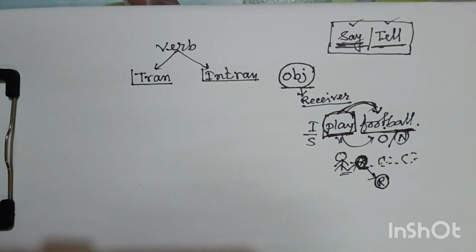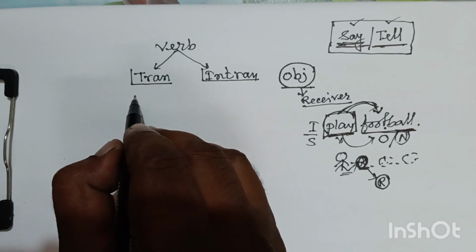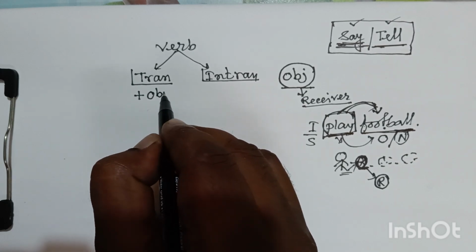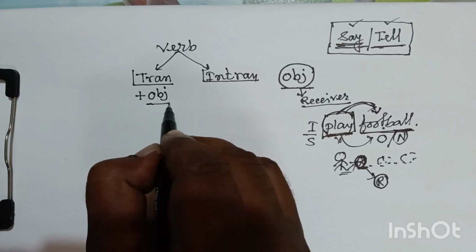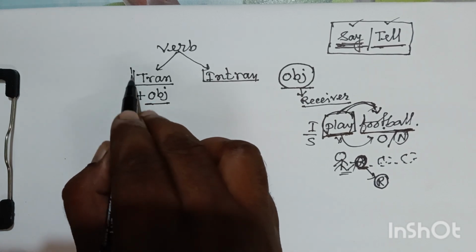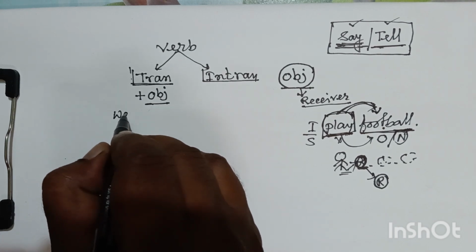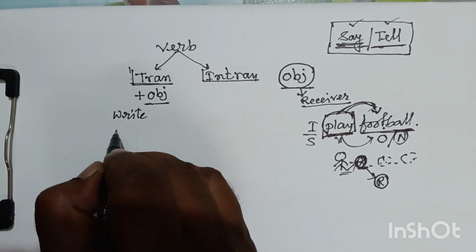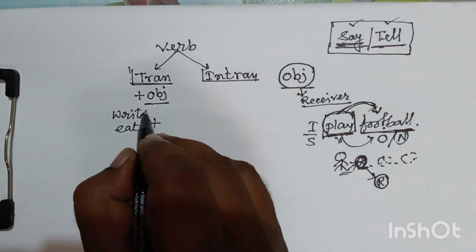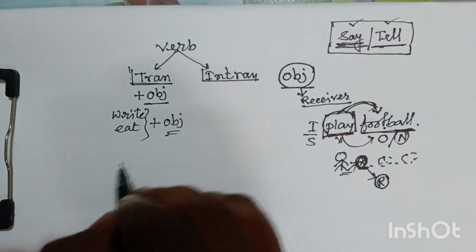My dear friends, some verbs need an object. That means you have to provide at least one object for some verbs, just like play, write, eat. After these verbs, you have to provide at least one object.